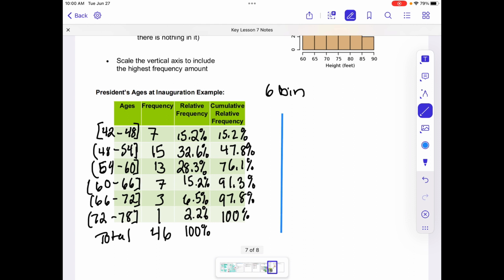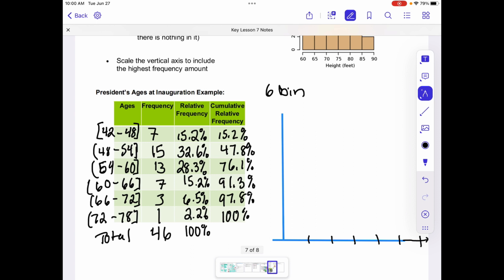So I'm going to take the bottom here and I need to split it up into my bins. They should be equal width. So I have 1 set, 2 sets, 3 sets, 4, 5, and I'm running out of room, so I'm going to extend out my line.